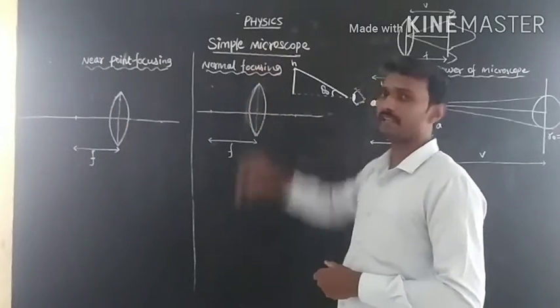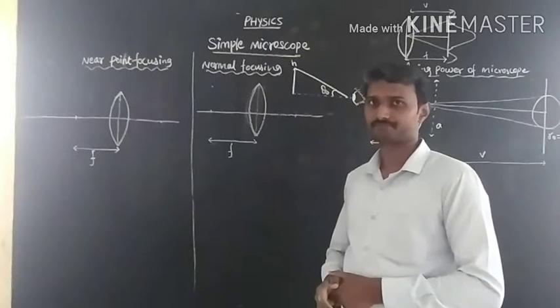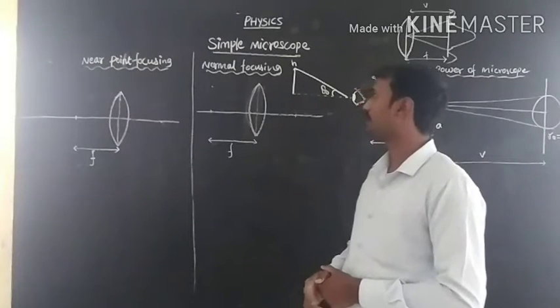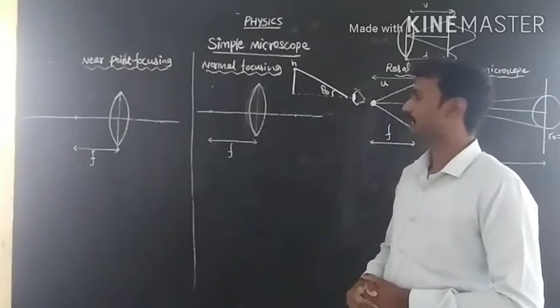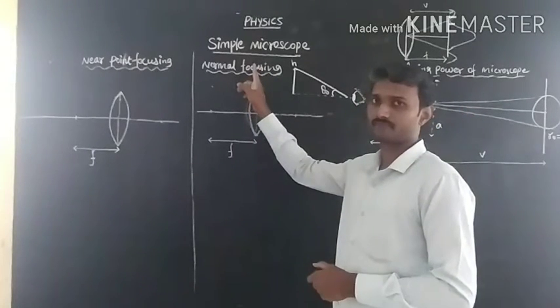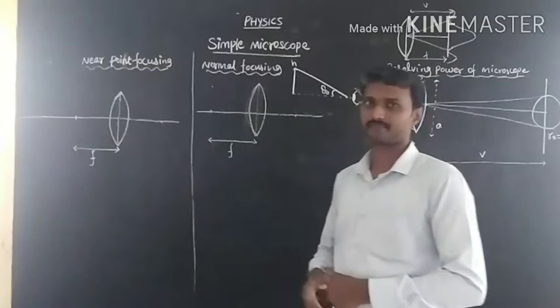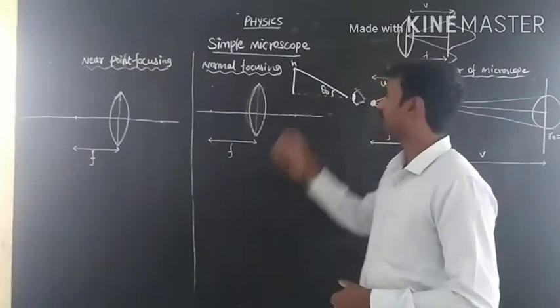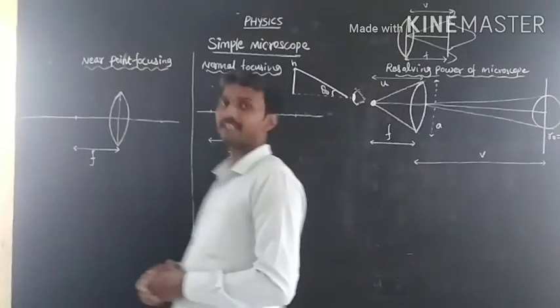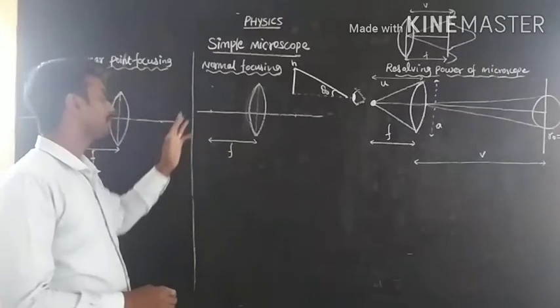So in simple microscope, only one convex lens is used. Now we are going to discuss the image formation of the simple microscope. I already told you a simple microscope has only one convex lens. Then the microscope magnifies the image of the object located nearer to the lens.